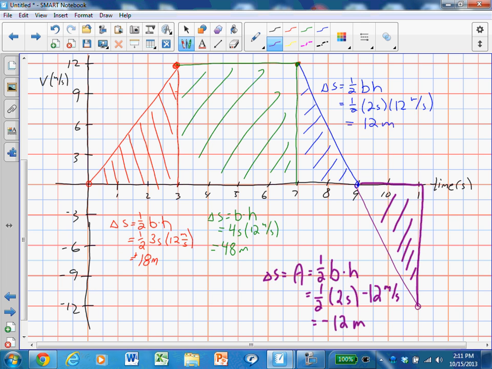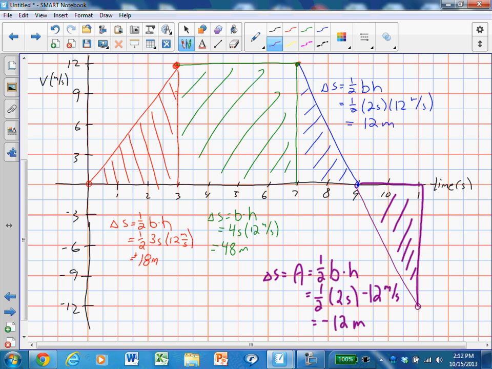Okay, so we change from 18, up 48, up 12. So that means 18 plus 48 plus 12 gives us 78.